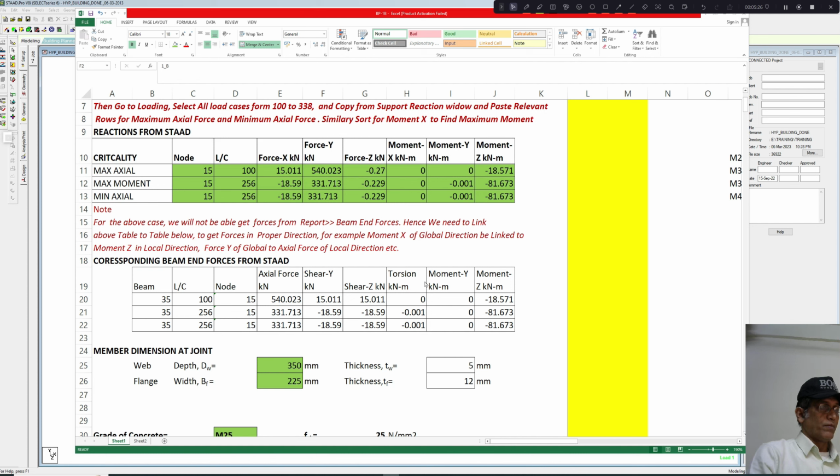The modeling could have been done in such a way that for some column the major direction will be about X, and for some column the major direction will be along Z. So in our case, for these 4 columns the major direction is about Z axis.